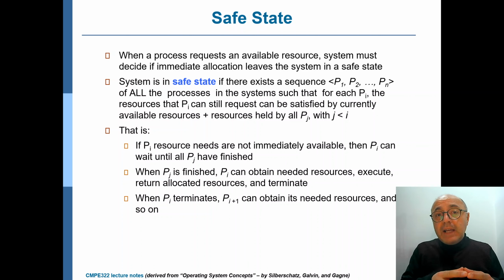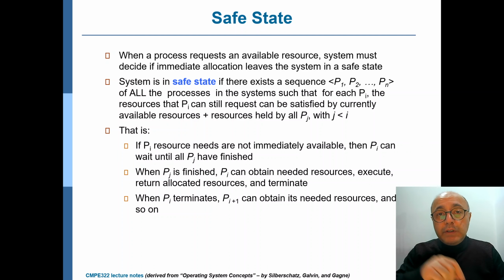Now with this enlarged set of resources, if some other process, say P2, can complete, the set of available resources has increased even more, because the resources allocated to P2 are also added. This way you can find some other process, P3, P4, whatever.